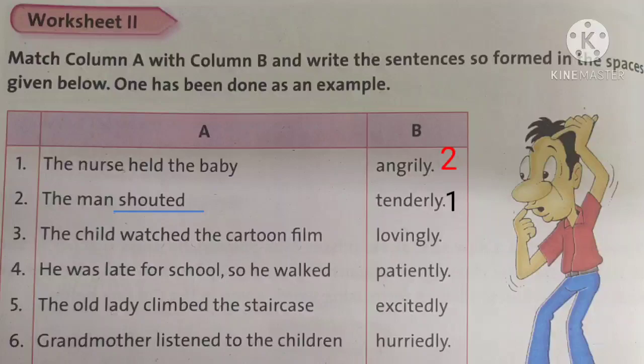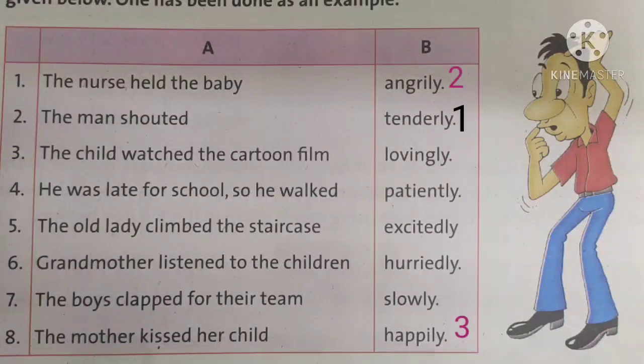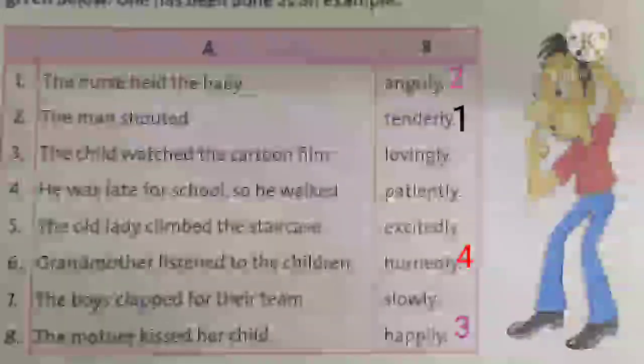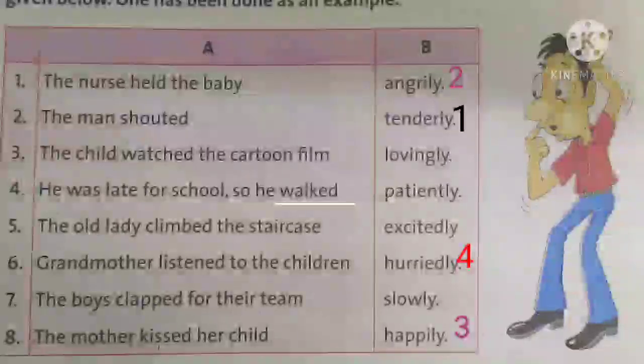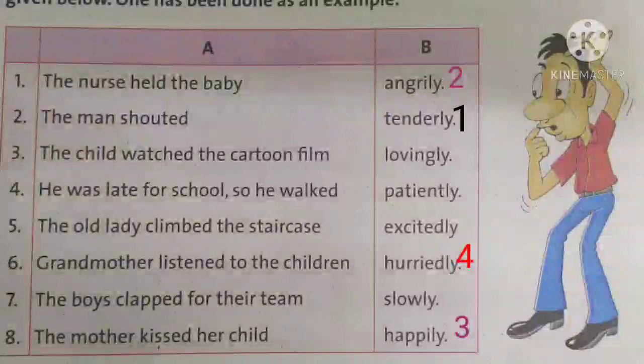Number 3, the child watched the cartoon film happily, and the verb in column A is watched. Number 4, he was late for school, so he walked hurriedly. The verb is walked. Number 5, the old lady climbed the staircase slowly, and climbed is the verb here.